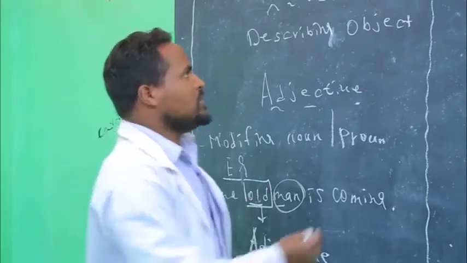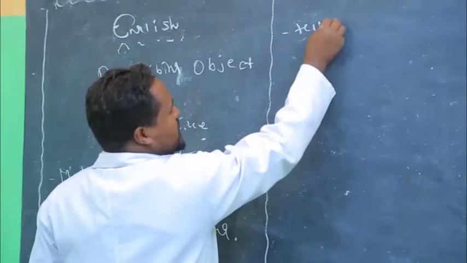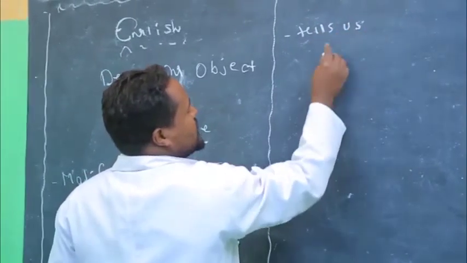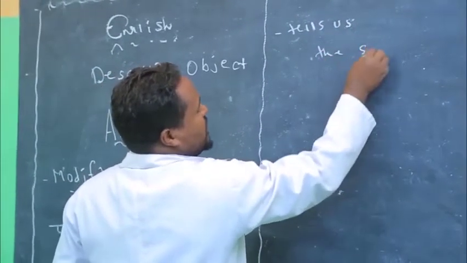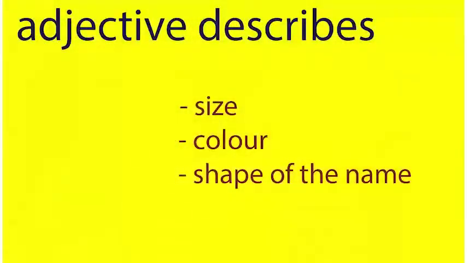So, adjectives tell us the size of a noun or pronoun, the color, the shape, and the origin of a noun or pronoun.